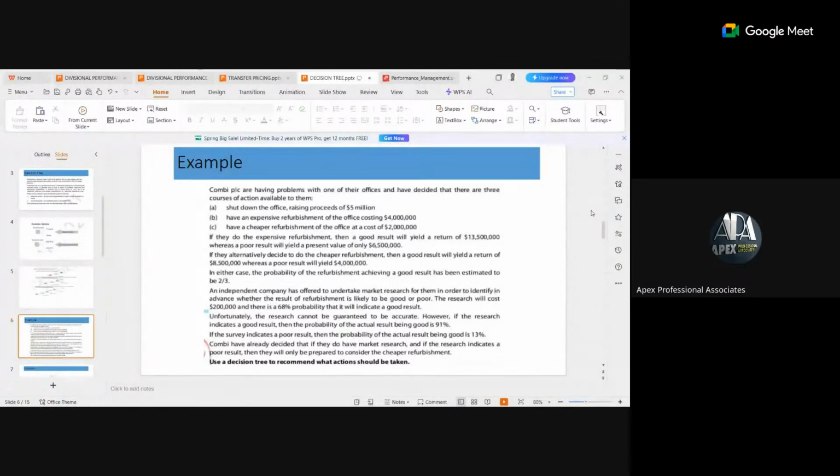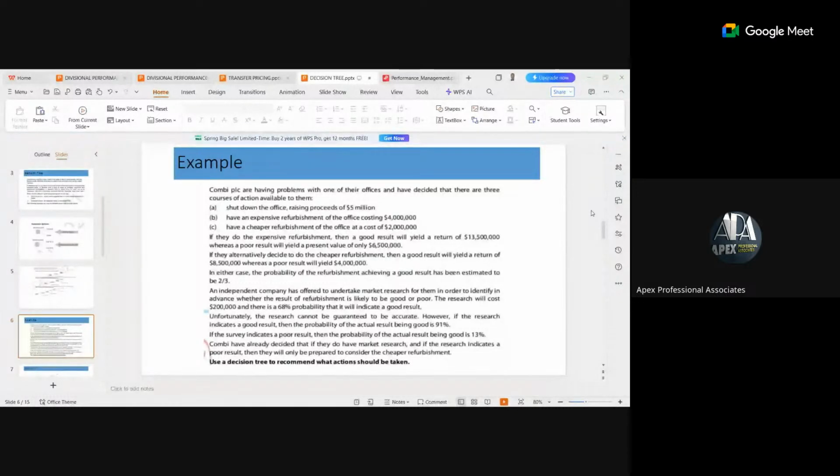So that will determine their decision. Take note of this point. It means for market research, we have decision points. We have 2 decision points based on the result of the market research, because the outcome of the market research can either be good or poor.